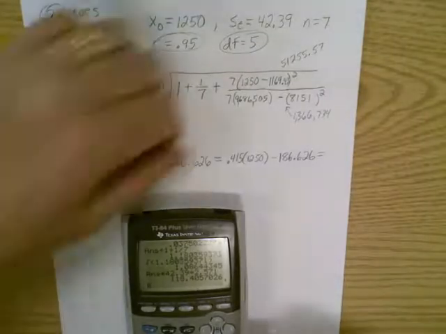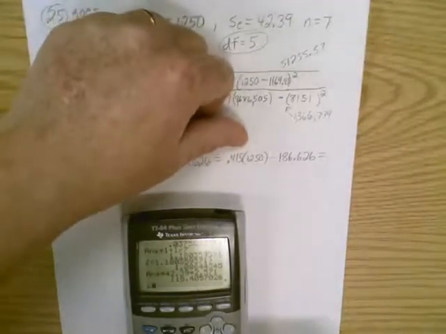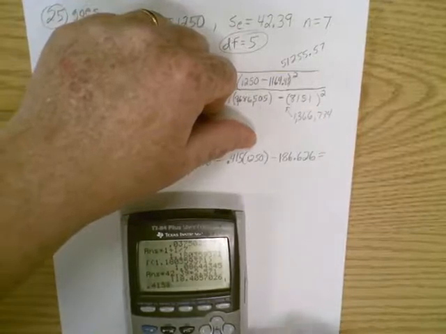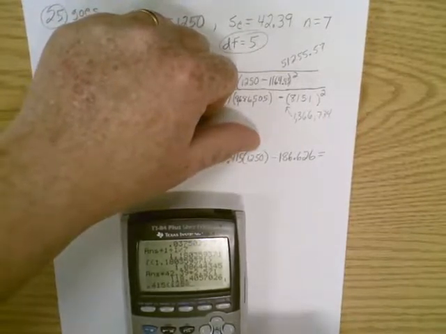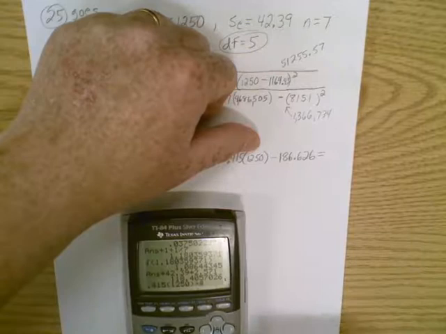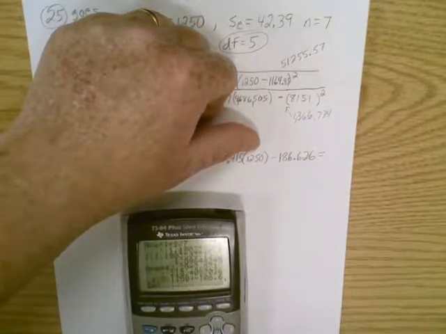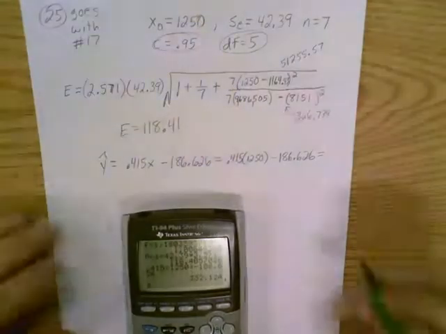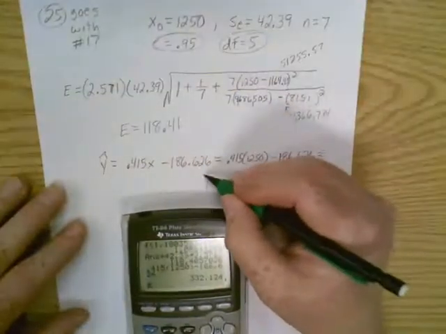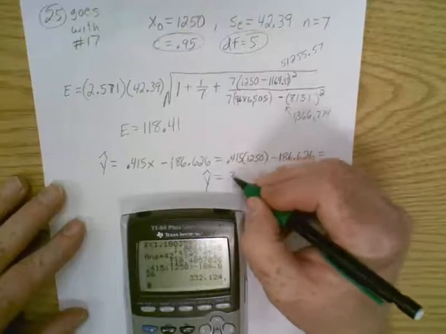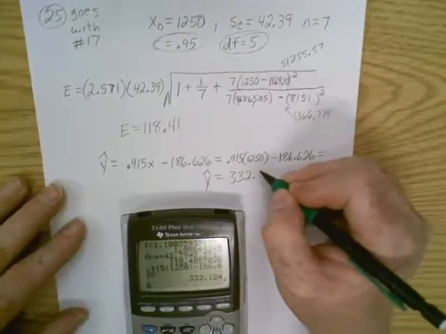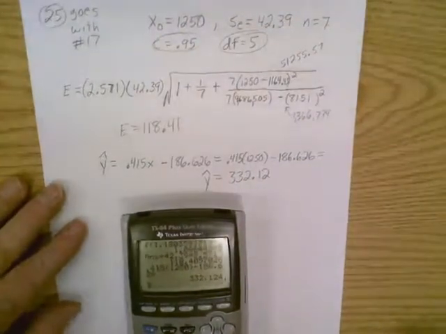Plug this into my calculator just like it is. 0.415 parentheses 1250, close the parentheses, minus 186.626, hit equals, and I end up with y hat equals 332.12. We'll round it off to there.